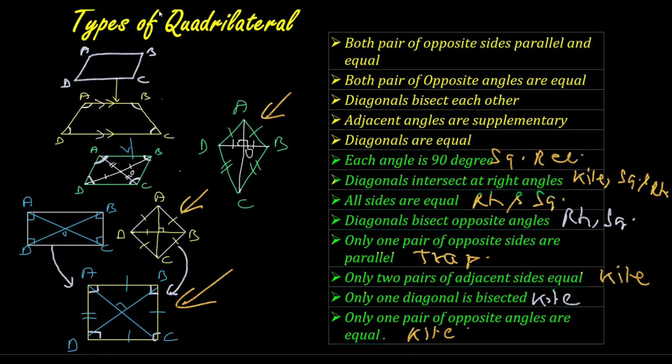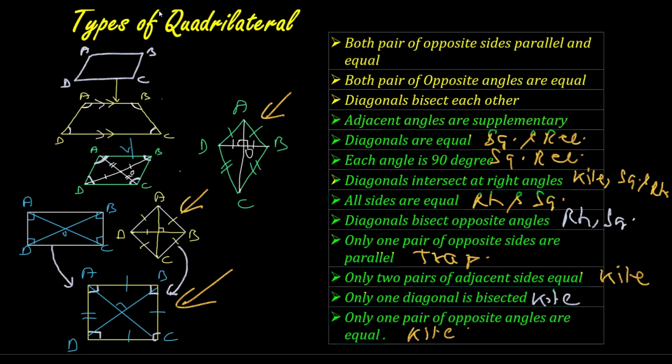This one, right? Diagonals are equal. It is there in a rectangle, and since a square is a type of rectangle, that's true in rectangle and square. So this is square and rectangle.